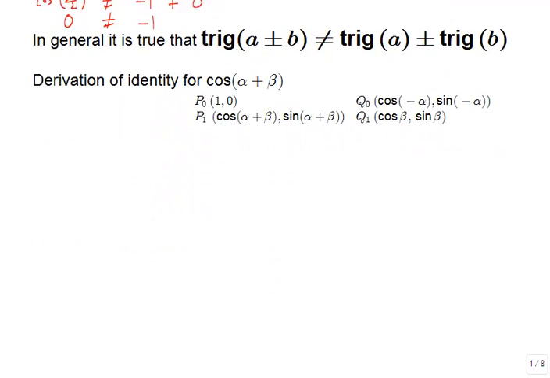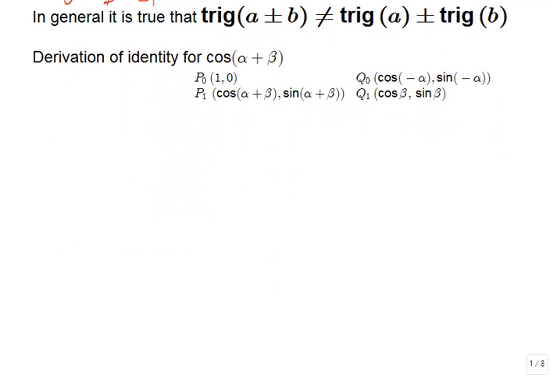So here's what we're going to need to do. We have to prove or figure out what cosine of alpha plus beta is. We're going to draw a picture here. There's a unit circle, and I'm going to let this dot over here be p sub 0. It's going to have coordinates 1, 0.